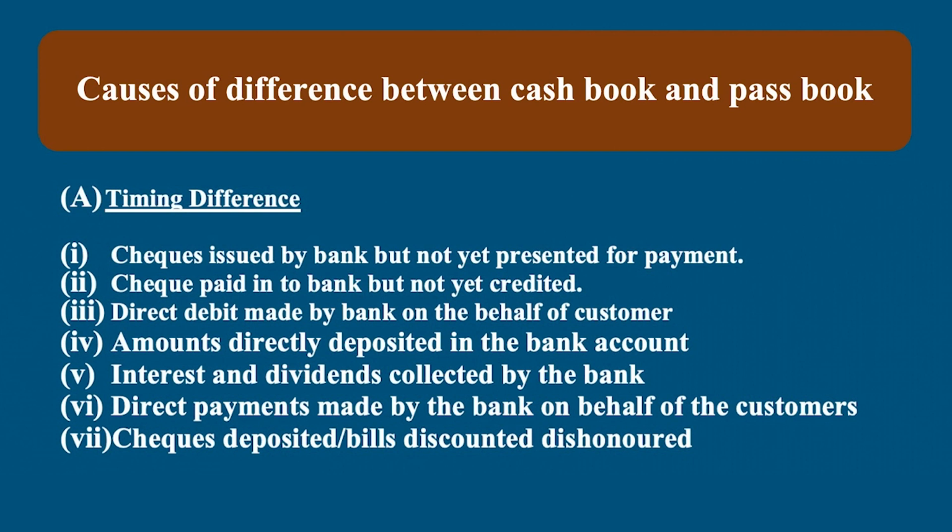Now, let us know about different causes of difference between cash book and passbook. Timing difference. When a business compares the balance of its cash book with the balance shown by the bank passbook, there is often a difference which is caused by the time gap in recording the transactions relating either to payments or receipts.